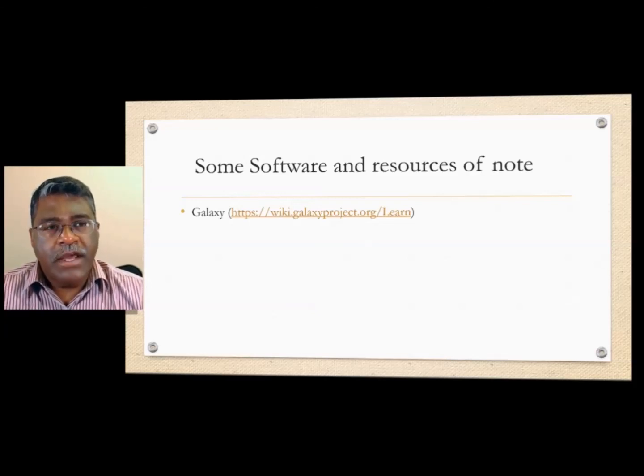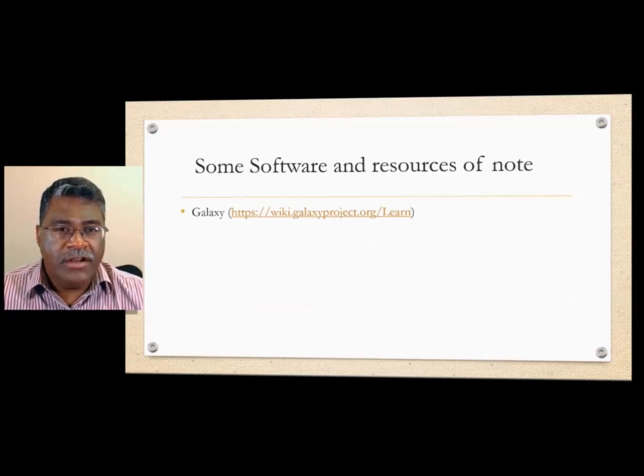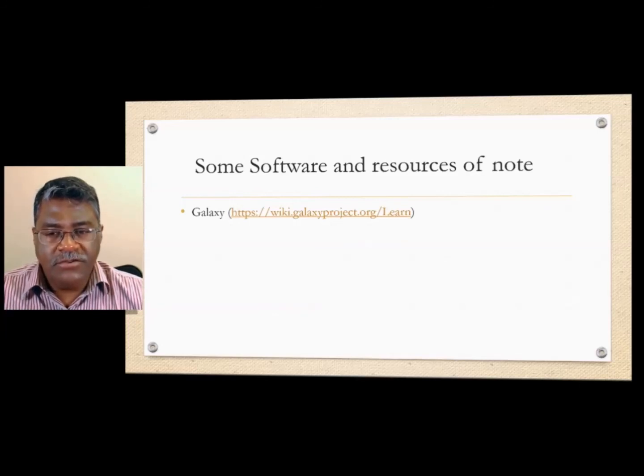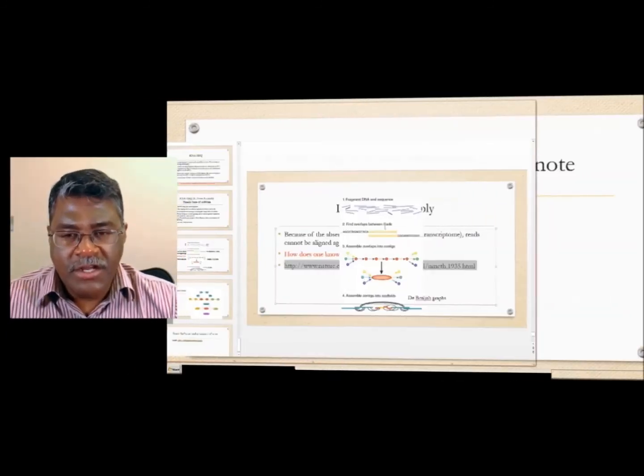You can upload data, you can drag and drop and create these assembly lines of various software that you can use, and you can run the software that way. So this is a very good resource if you are interested. And that's about as much as I wanted to say.